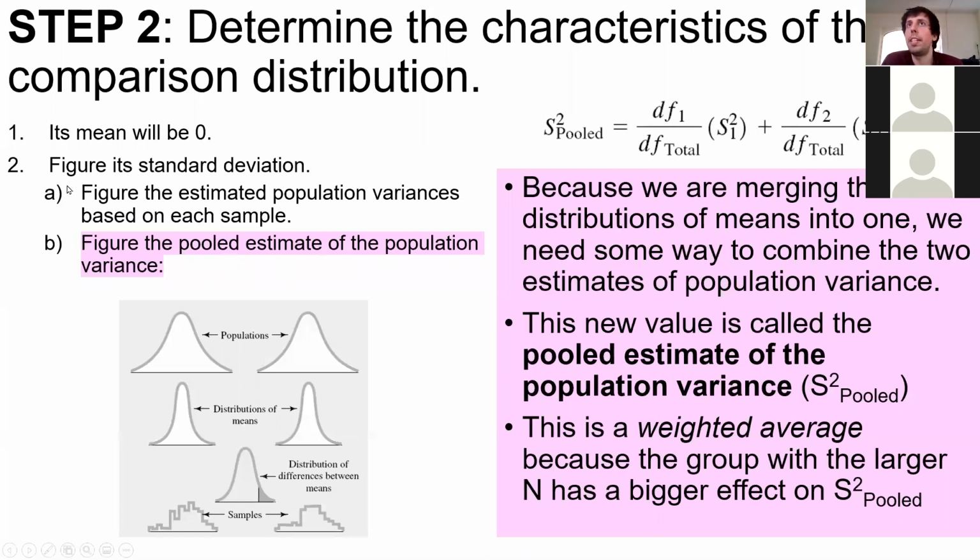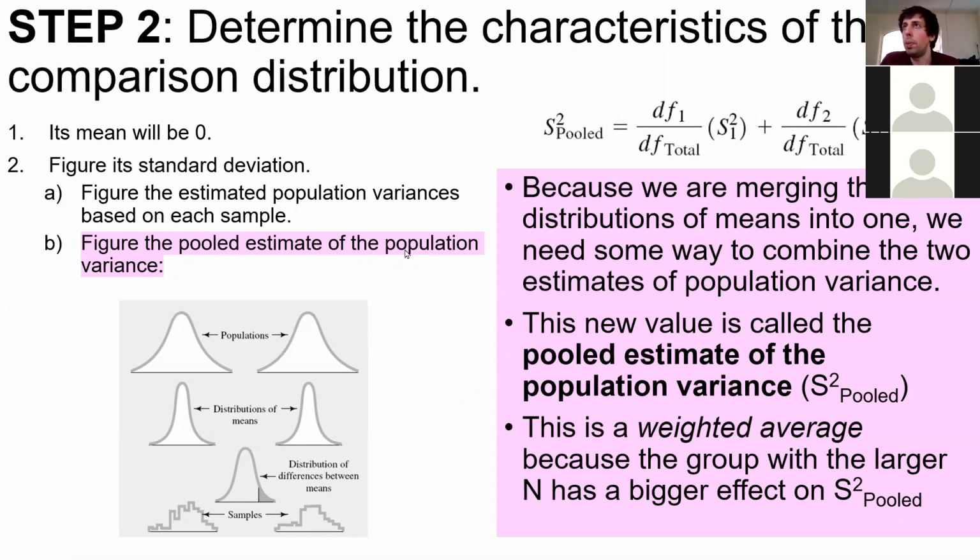And that's what we're calculating in 2b. Just to be clear, the pooled estimate of the population variance is a fact about these two populations up here, the populations of scores, not the sampling distributions, which will have their own variance terms.